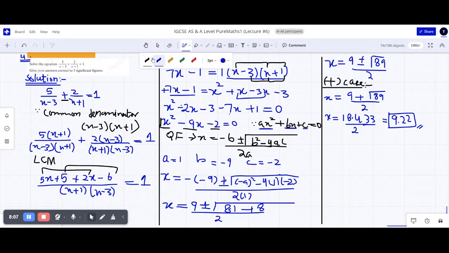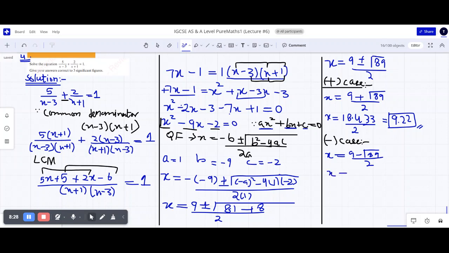Now we will solve the negative case. For this, we write negative root 89. So x equals 9 minus root 89 over 2.